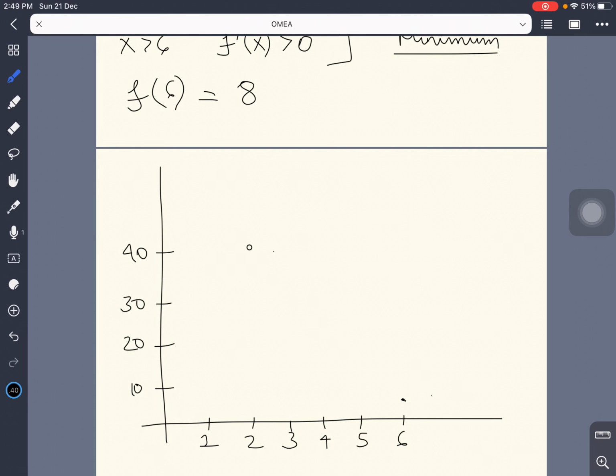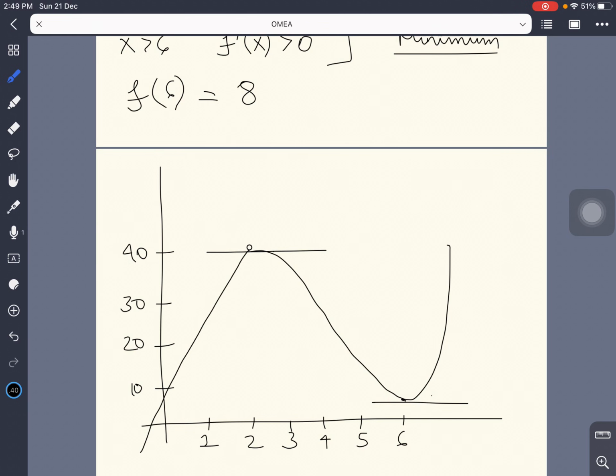So the graph is going to look somewhat like this, where this is the maximum point at x is equal to 2, let's denote it as A, and this is point B, which denotes the relative minimum at x is equal to 6.